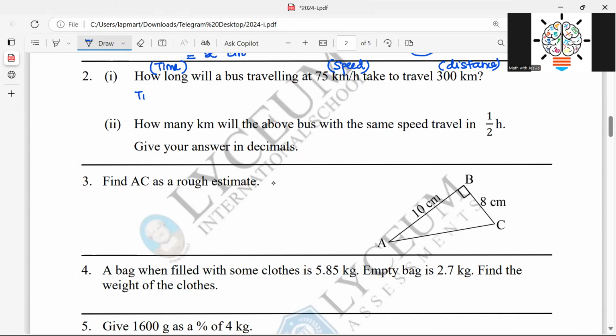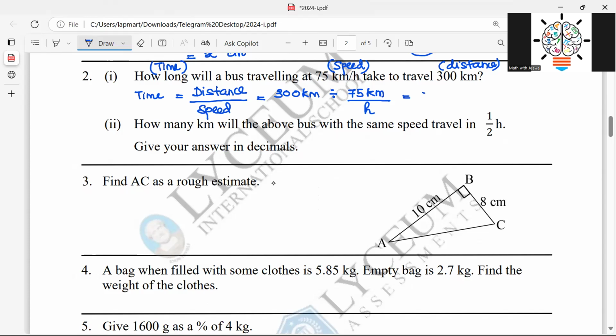What is the formula to find the time? You want to divide the distance by the speed, right? So then that distance is 300 kilometers, divided by the speed, 70 kilometers per hour.